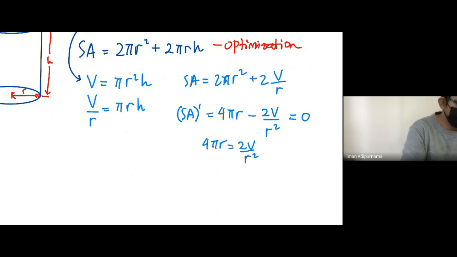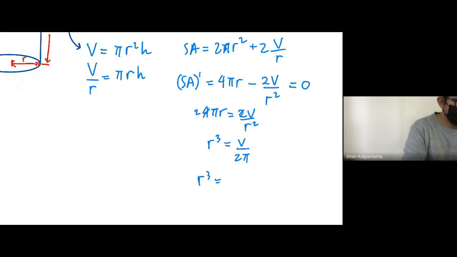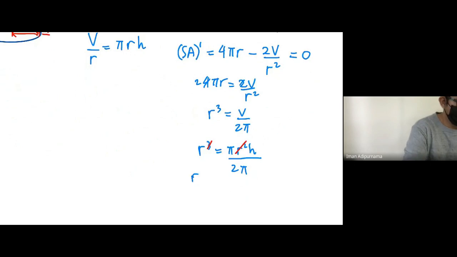Because it is positive, we can cross multiply, and this results in pi R squared H divided by 2 pi. So R divided by H is half.